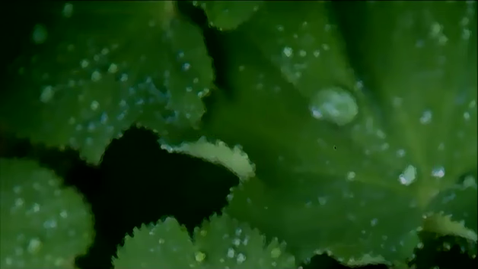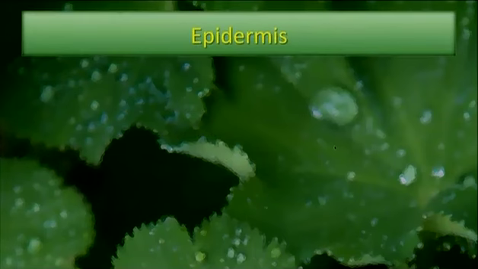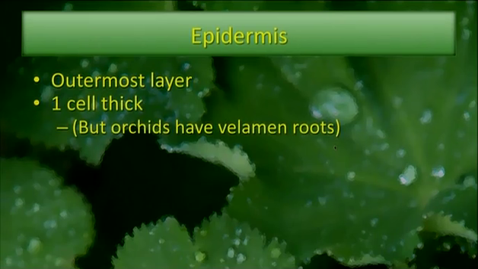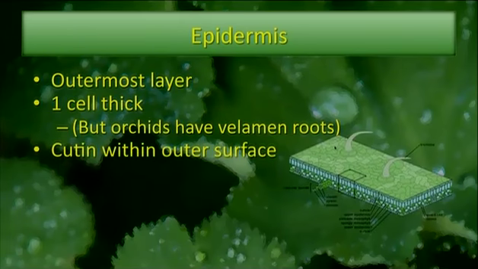Now the epidermis is the outermost layer of the plant. It's usually 1 cell thick, but orchids have roots with velamen on them, which may be several cells thick. And in this outermost layer, you remember cutin that we talked about when we were talking about waxes?